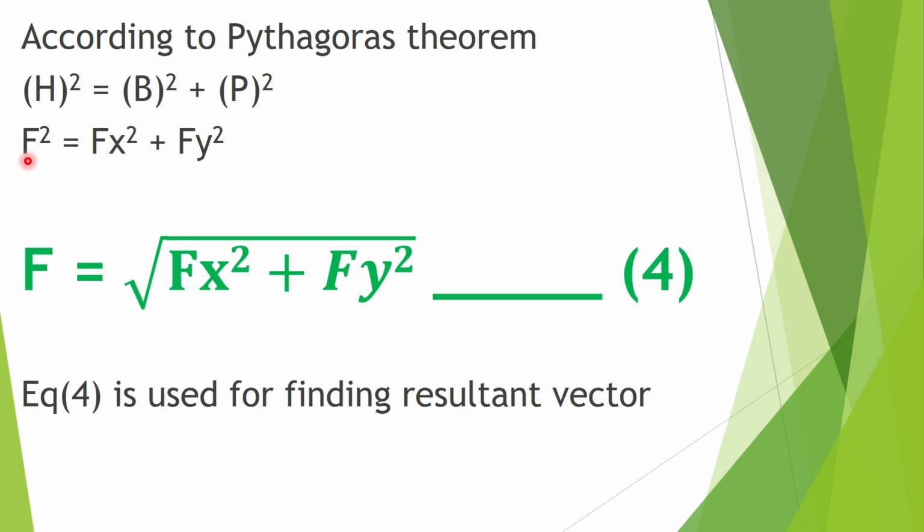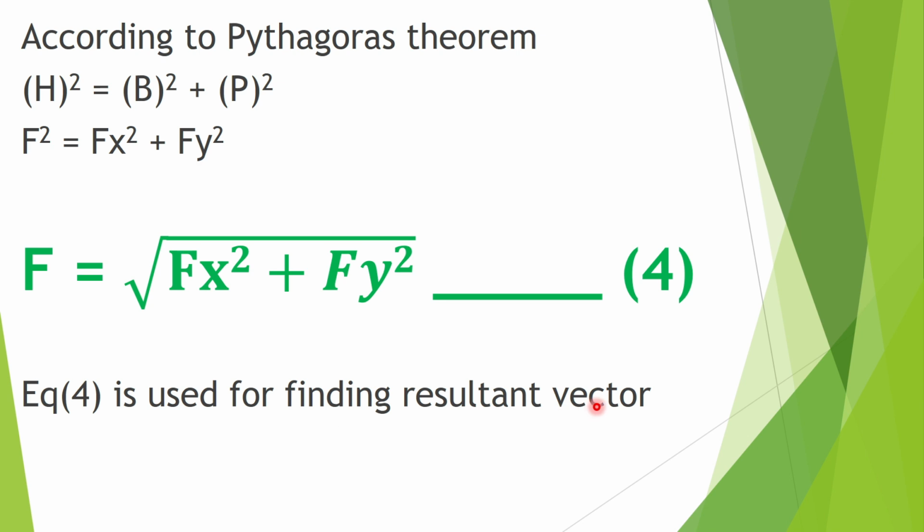So F square equal to Fx square plus Fy square. Now take the square root on both sides of the equation. The square will cancel with the square root, so F equals under the root Fx square plus Fy square. Equation 4 is used for finding the resultant vector.